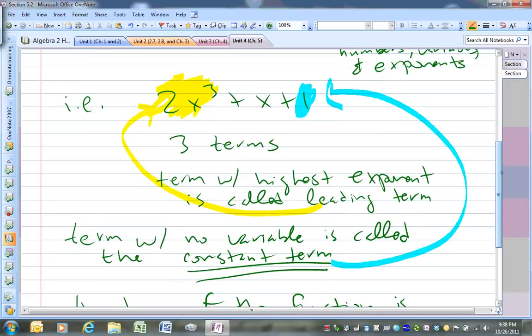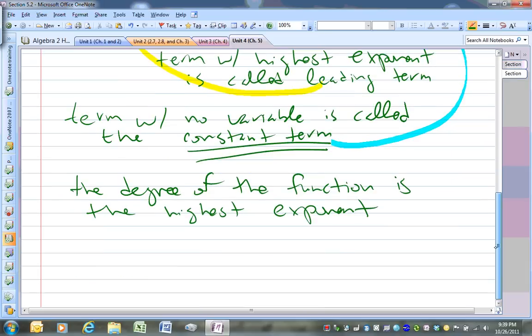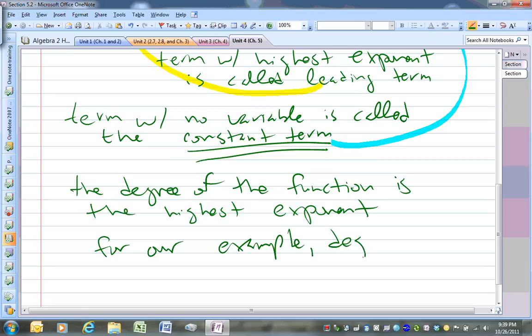So for 2x cubed plus x plus 1, we see that the degree is going to be 3. So for our example, degree is 3.